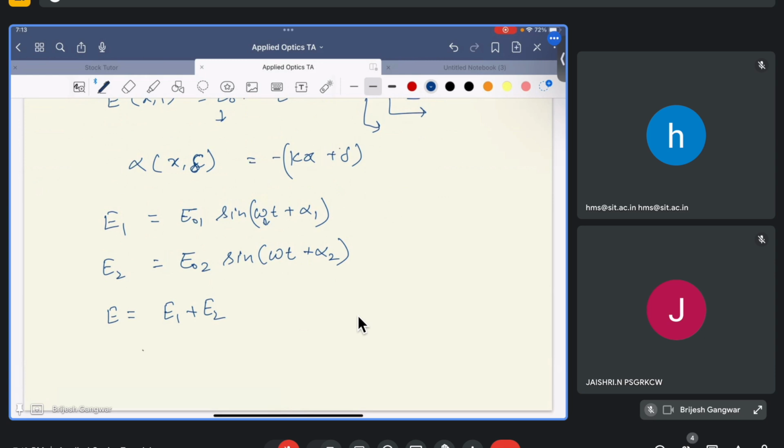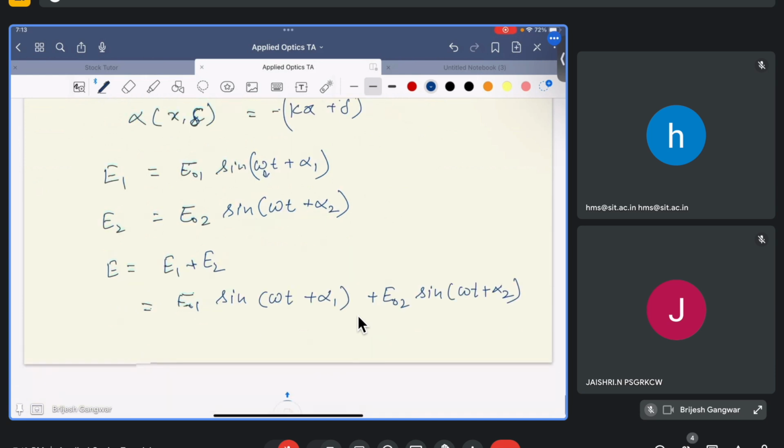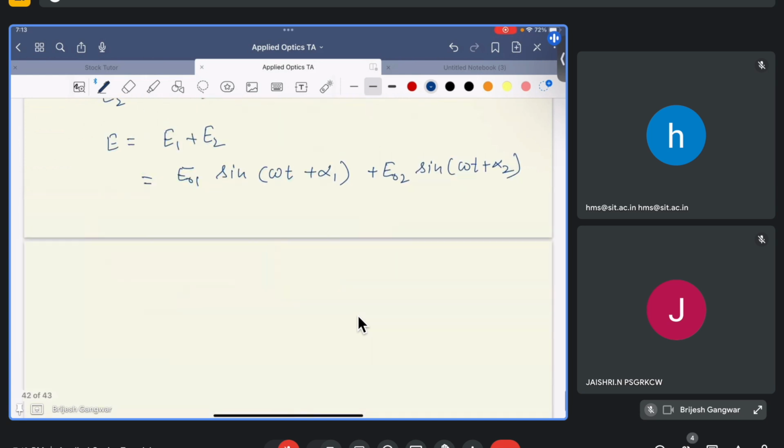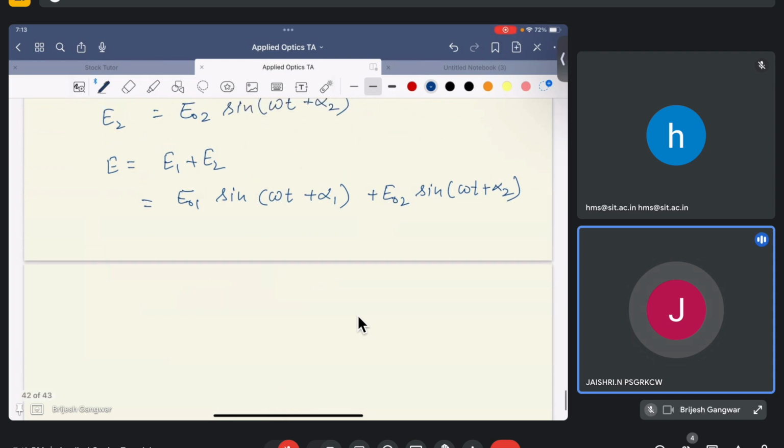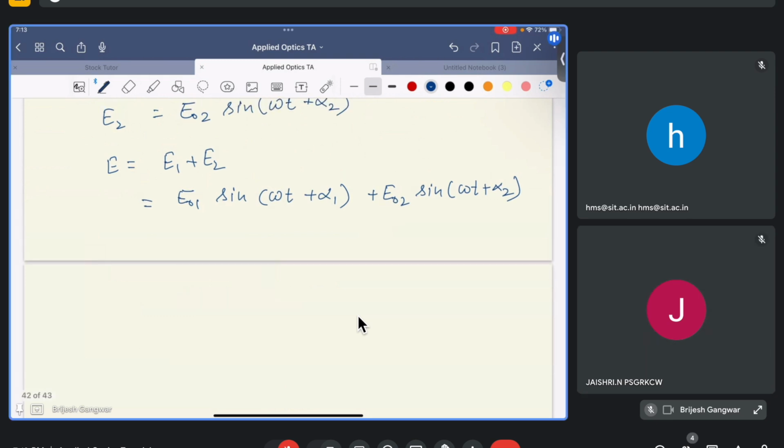E01 sin(ωt + α1) plus E02 sin(ωt + α2). How will you add these two? We have to expand the sine, sin(a + b), in both.